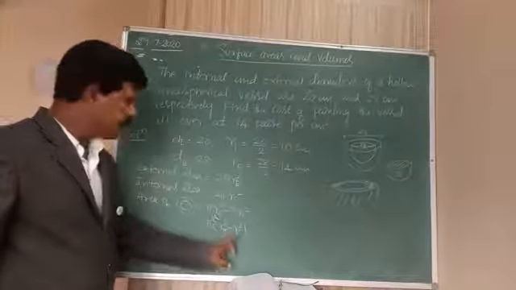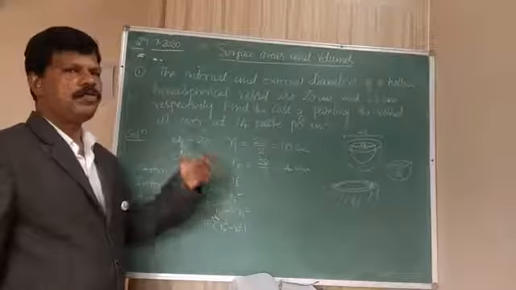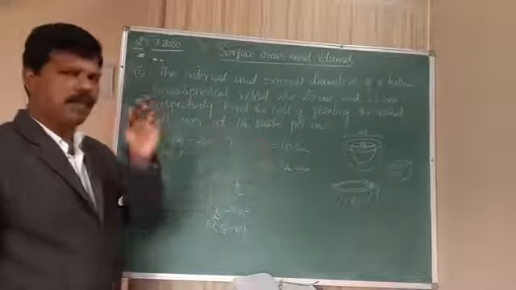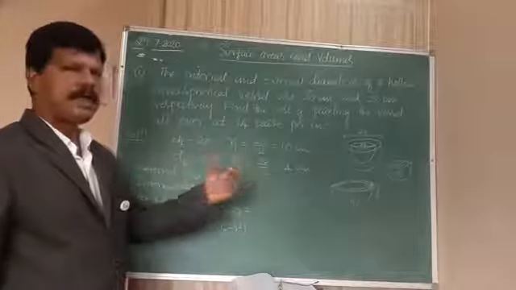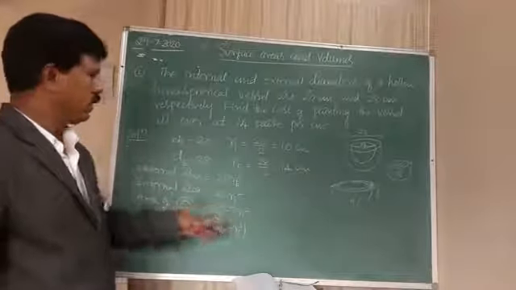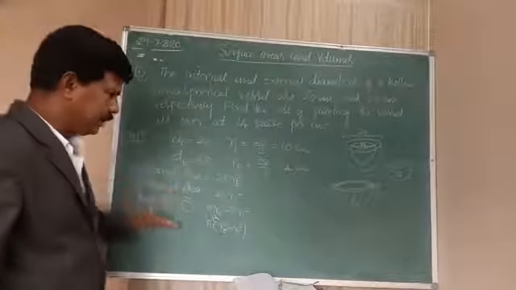External radius minus internal radius, or if you take the smaller one as small r and the bigger one as capital R, you can do that. See, I have taken it like this.